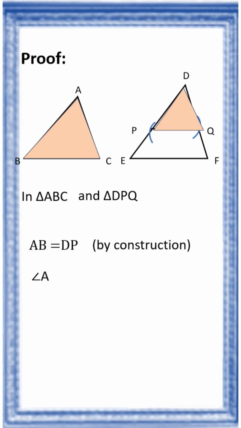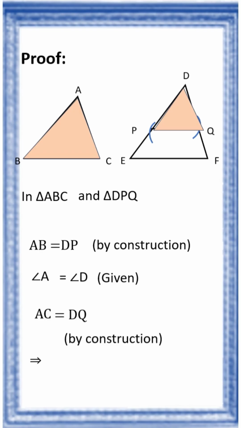Angle A is equal to angle D given. AC is equal to DQ by construction. So triangle ABC is congruent to triangle DPQ by SAS congruency criterion.